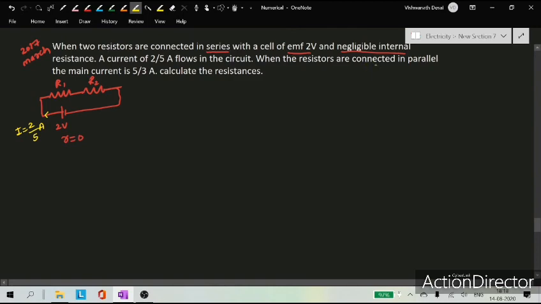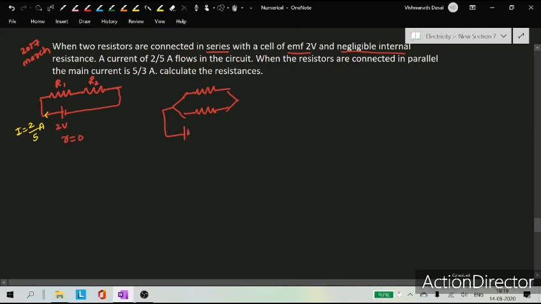When the resistors are connected in parallel, so now the same resistors are connected in parallel like this, the main current comes out to be 5 by 3.